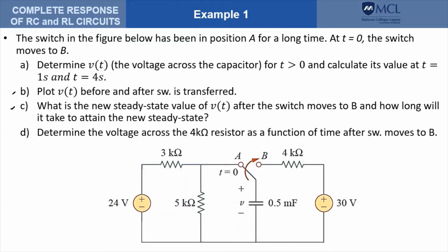For C, we're required to determine the steady state value of the voltage after the switch moves to B, and how long will that steady state value be attained from the time the switch transfers to B. And lastly, we are to determine the voltage across the 4 kilo ohm resistor as a function of time after the switch moves to B.